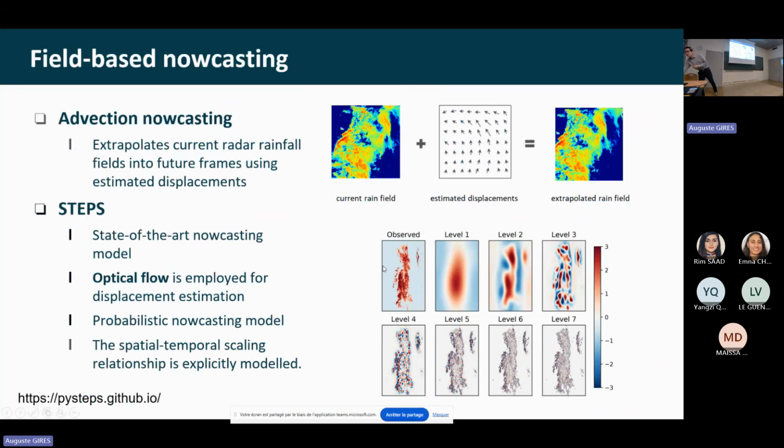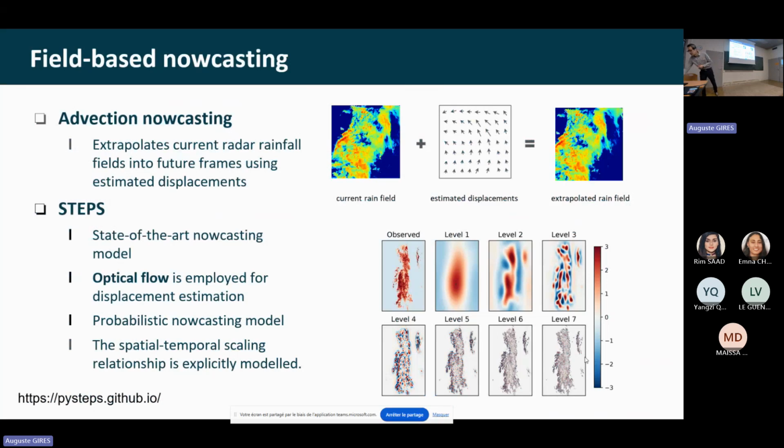Different spatial scales have different forecast lead times. For example, the very coarse ones have longer lead time, while for the very fine ones, their life cycle is very short, so lead time is very short, and then it combines them. This is a very iconic method because it really takes into account the spatial temporal relationship inside rainfall and also accounts for the scales.